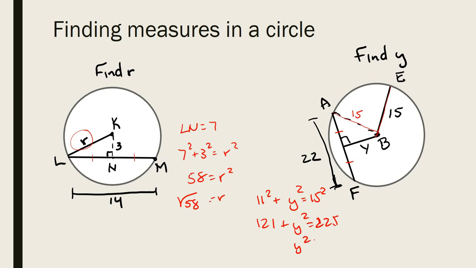And if I subtract 225 minus 121, I get 104. And so y equals the square root of 104. Okay, so get all this down, and we'll do some more in class.